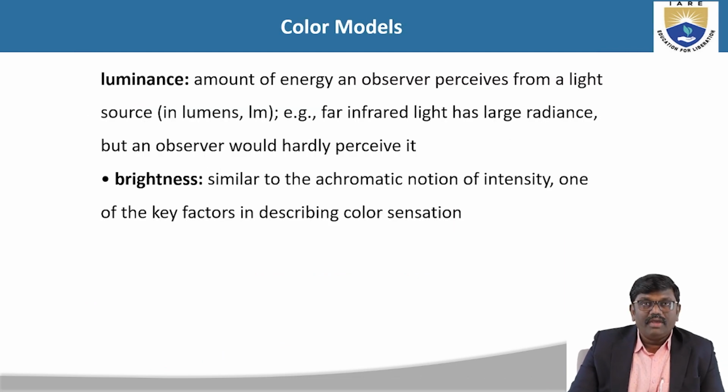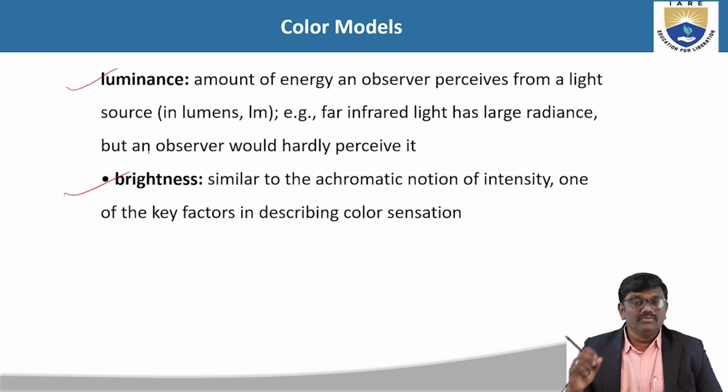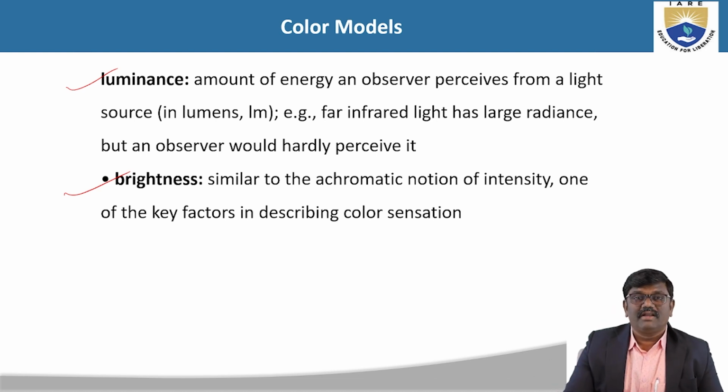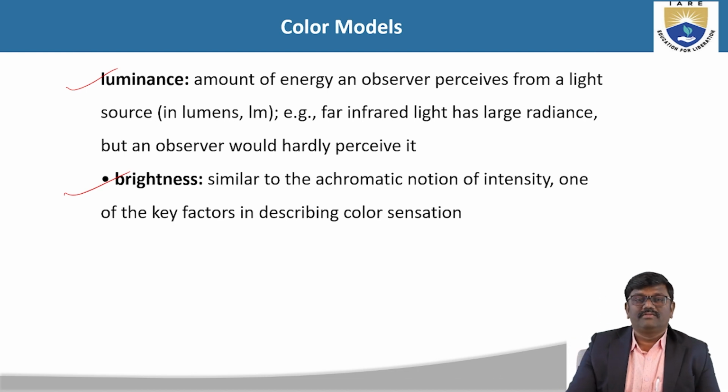We are extending this discussion of chromatic light sources, not only radiance but also luminance and brightness. What do you mean by luminance? Luminance means the amount of energy an observer perceives from a light source.